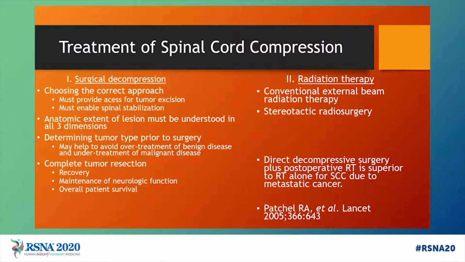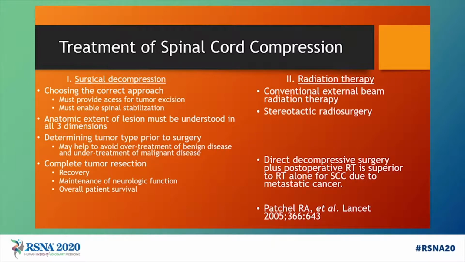Our value as radiologists includes giving a full description of the anatomic extent of the lesion to help facilitate surgical and radiation treatment. It's important to note that radiation therapy may consist of either conventional external beam radiation therapy or stereotactic radiosurgery. And again, tumor histology is very important because there are radio-resistant tumors and radiosensitive tumors.